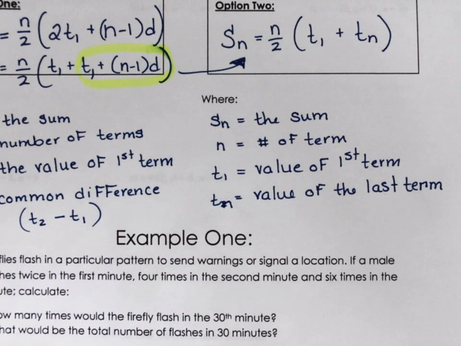One of the more difficult things here is just to make sure you know what the question's asking you. Is it asking me to find the value of a term? That would be Friday's lesson. Or is it asking me to sum and find the value of a bunch of the first terms, or a set of terms?